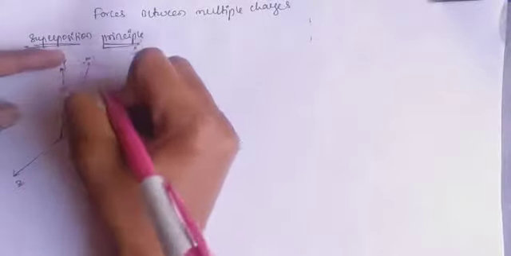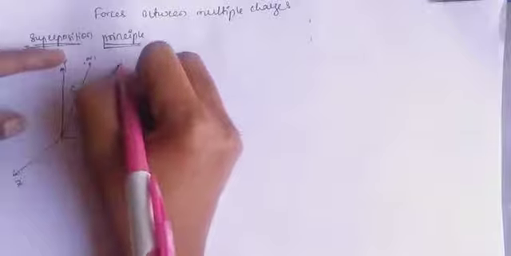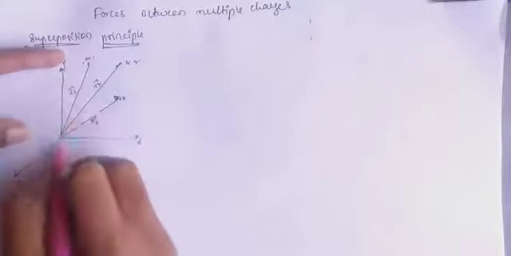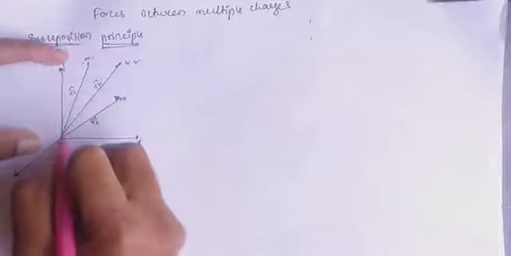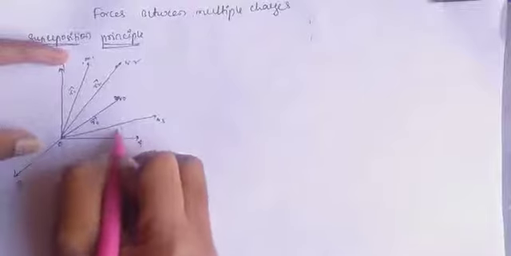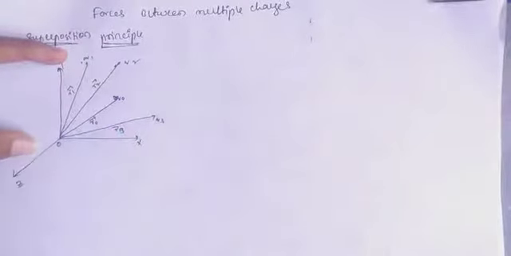So this is a q1 charge. Here is a q2 charge, and the distance is r2, the position vector from the origin to the charge. And here let us take q3 charge, and this is the r3 position vector.